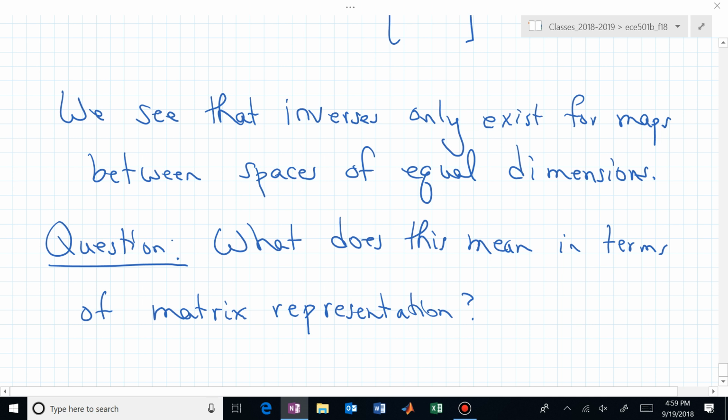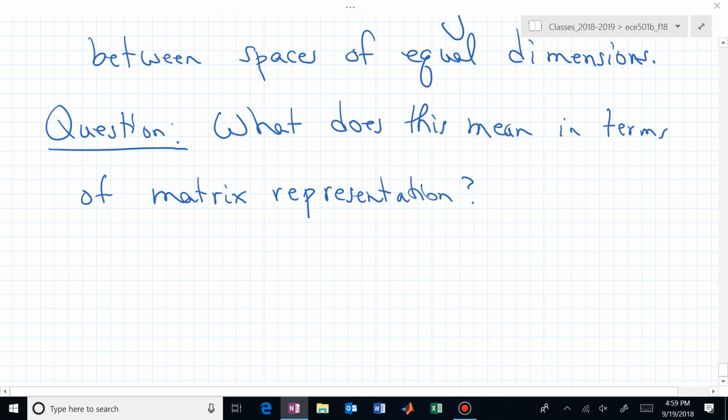What's our Goldilocks answer? Now the matrix is square. In order, it has to be at least square, right? It has to be more than that, but at least it has to be square.